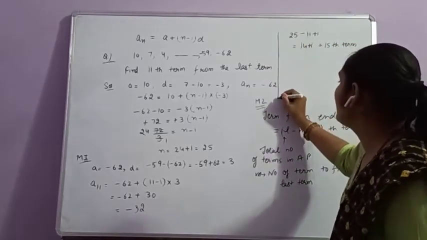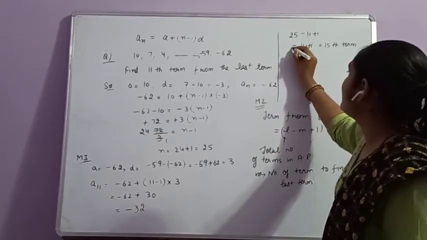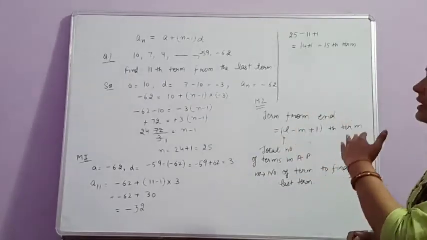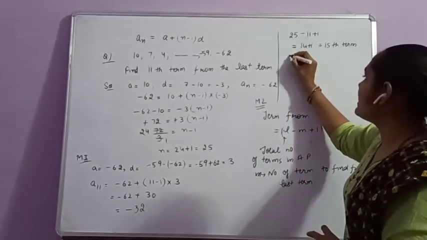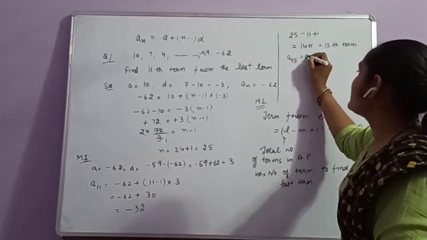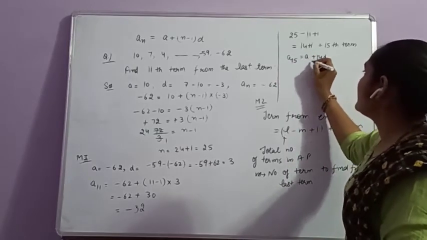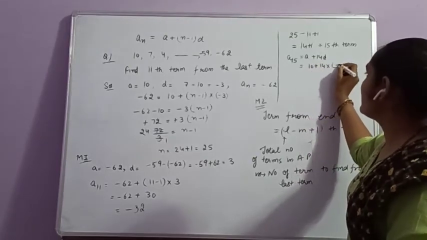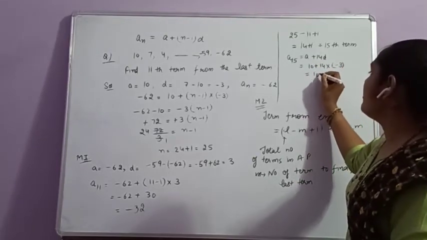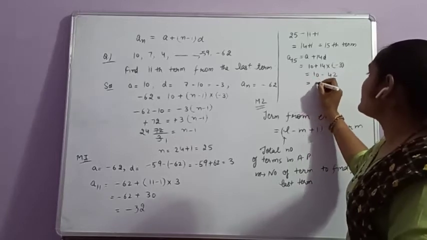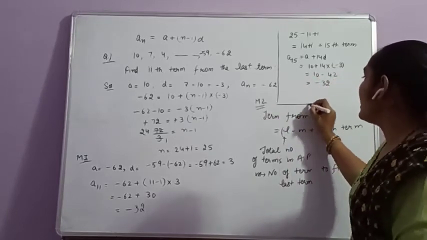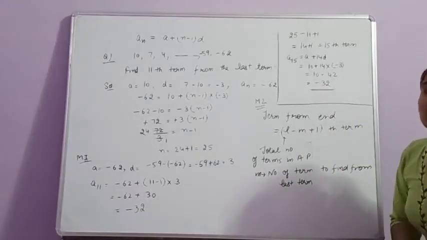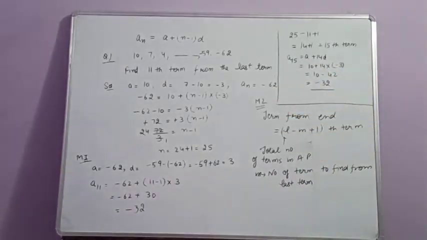And we know that it means the 11th term from the last will be the 15th term from the starting, that is A15 will be a plus 14d, that is equal to 10 plus 14 into minus 3, that is equal to 10 minus 42, that is equal to minus 32. The answer will remain the same, but it is a short method to find the term from the end of the AP series.